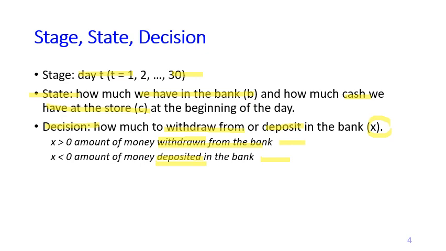So that's how you know what the states are. Once again, states are the information, the condition, the situation that you need to know such that you may take a reasonable decision. So these are our stage, state, and decision.